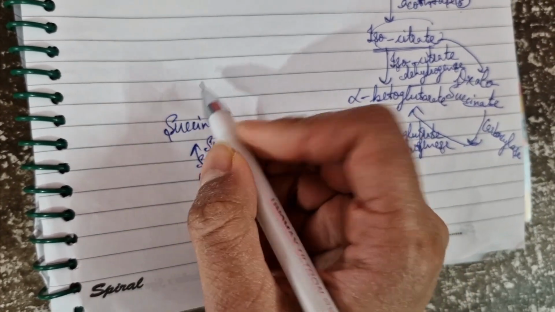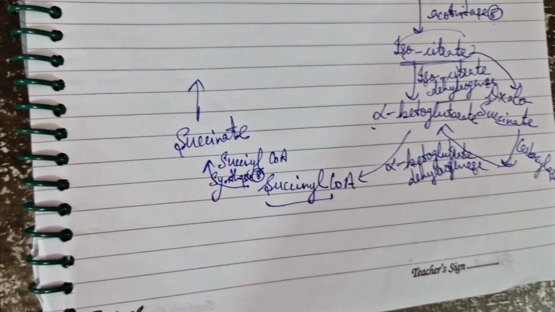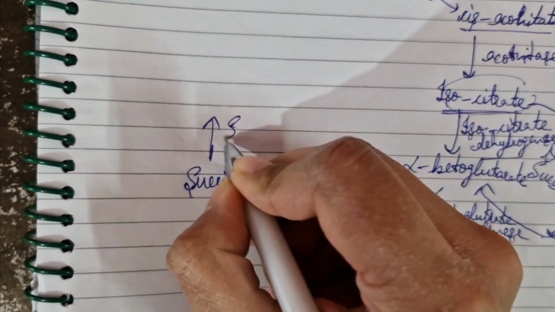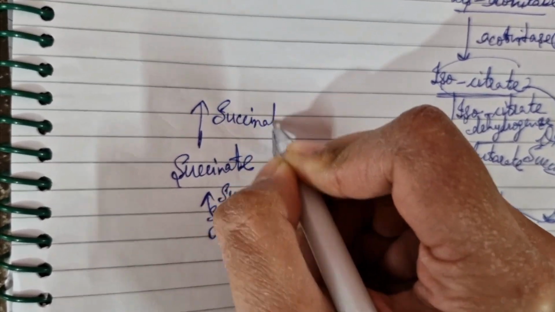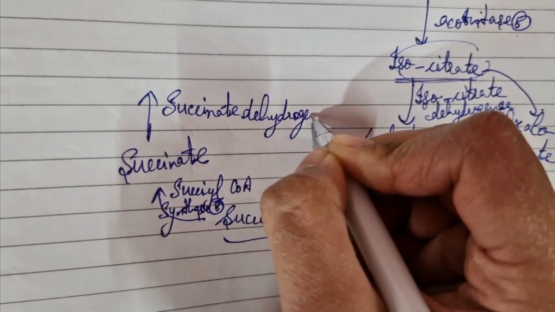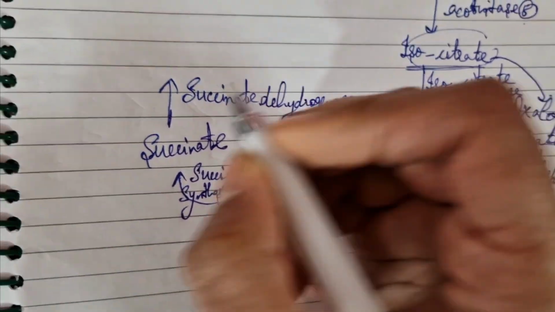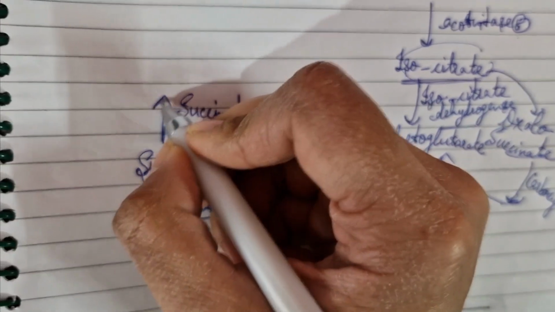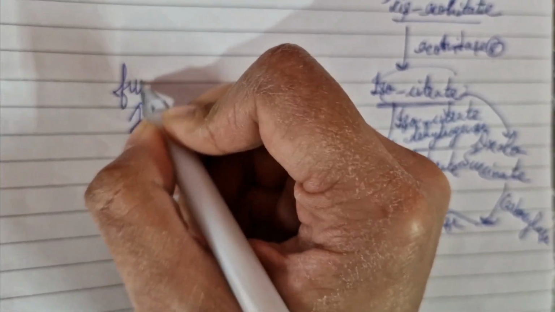This succinate in the presence of the enzyme succinate dehydrogenase gets converted into fumarate.